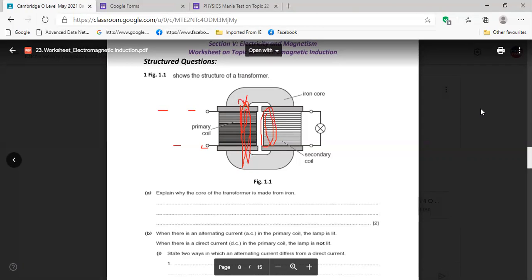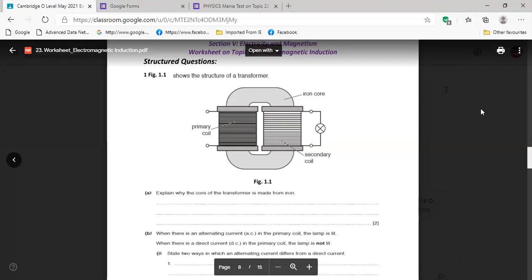Yes, sir. Now to 3D. So 1A, the main idea is iron is a soft magnetic material. So it will not hold the magnetism, so it can be used as a temporary magnet.